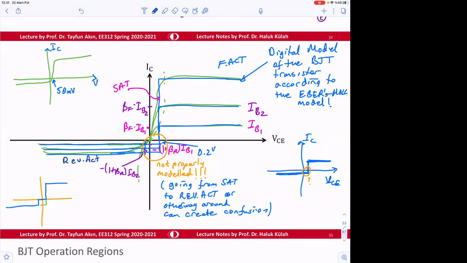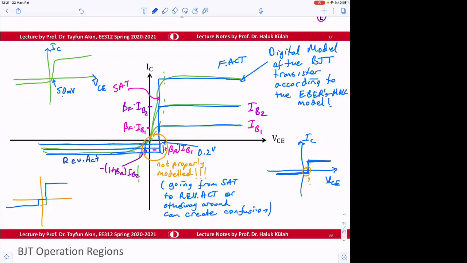IC versus V collector emitter. And, you know, if we take this diode and expose it to sunlight, then this region, the 50 millivolt region, actually changes, and that's how we create solar cells. But typically, this is really the case.